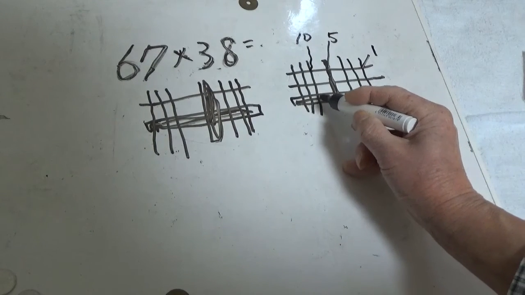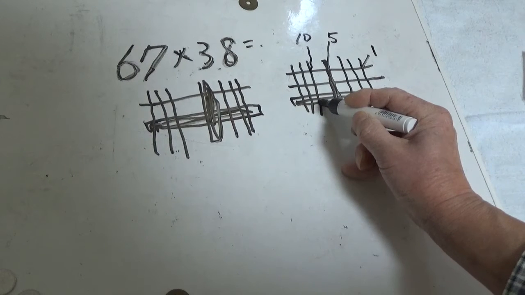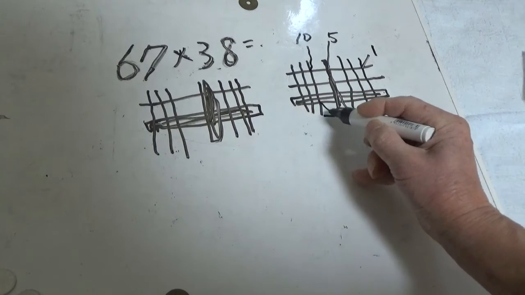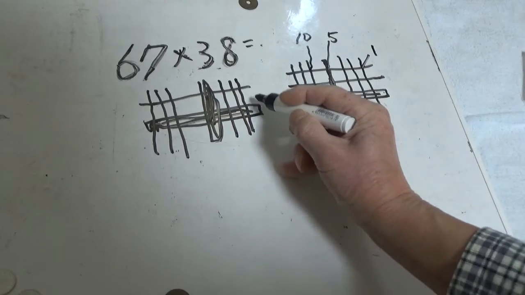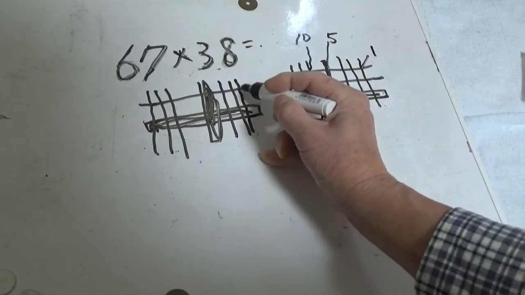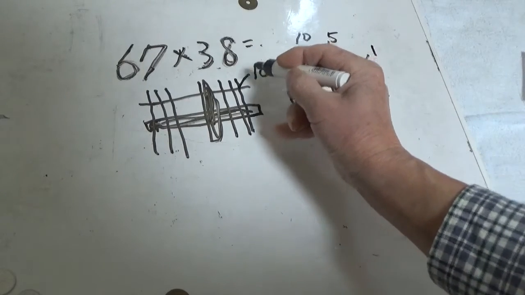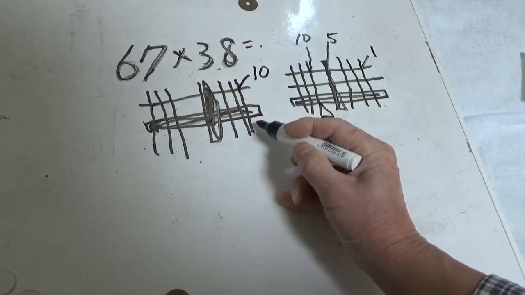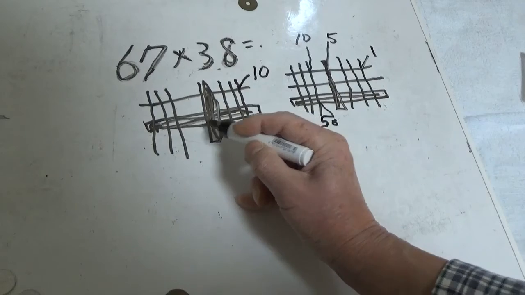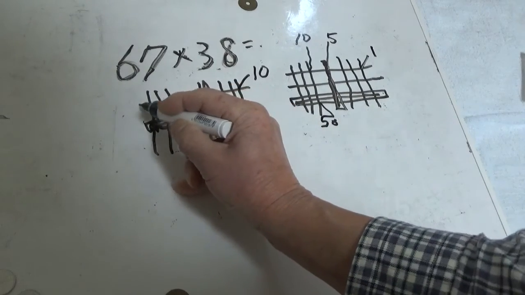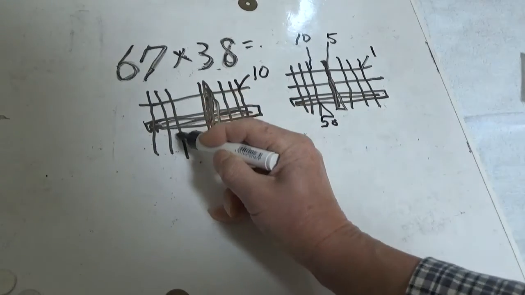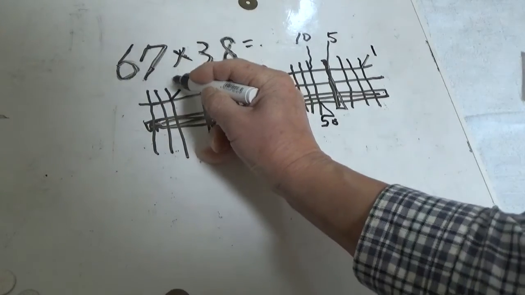This is 5 lines crossing with 10 lines, so it is 50. This is a single line crossing with 10 lines, so it is 10. This is 10 lines crossing with 10 lines, so it is 100.